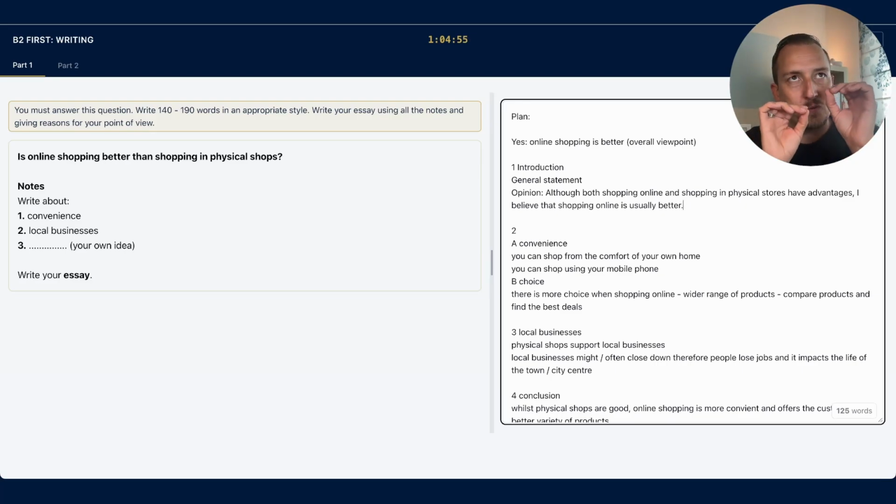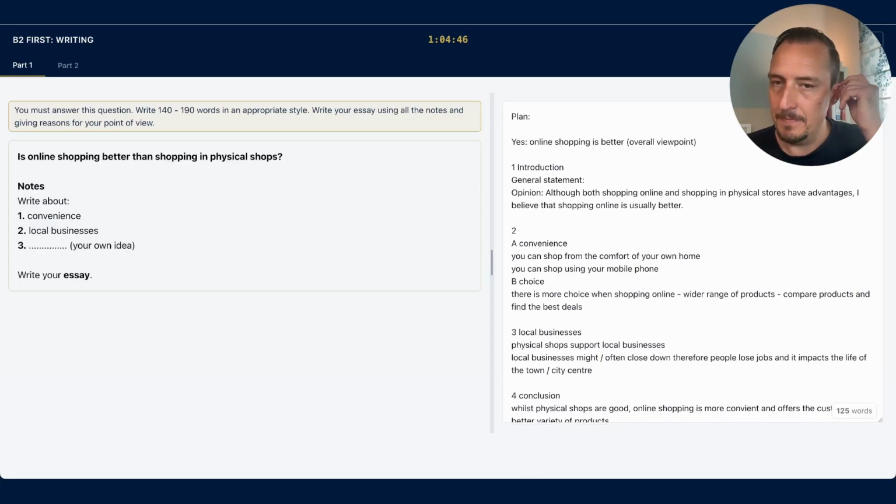Now that's the second part of our introduction. That's the opinion. What do we want to say about a general statement? Now, we might want to say how online shopping is perhaps more preferred by people than going to physical shops, because that again is identifying the trend and we're subtly introducing our own viewpoint here.